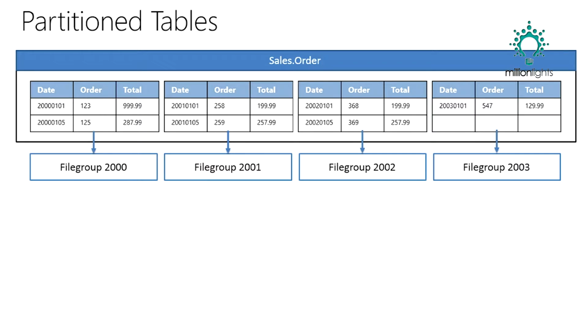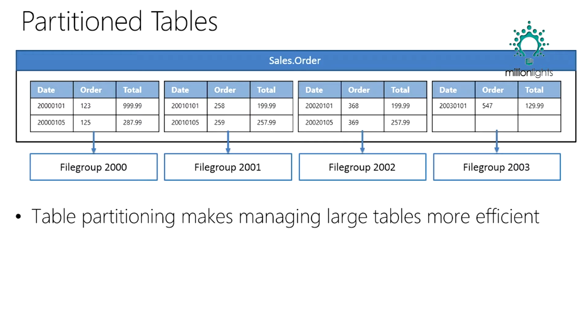In this example, we have the orders table within the sales schema. We've got multiple file groups here. We touched on file groups earlier on, and the idea here is that we are horizontally partitioning the orders table into multiple file groups to make managing a large table more efficient.